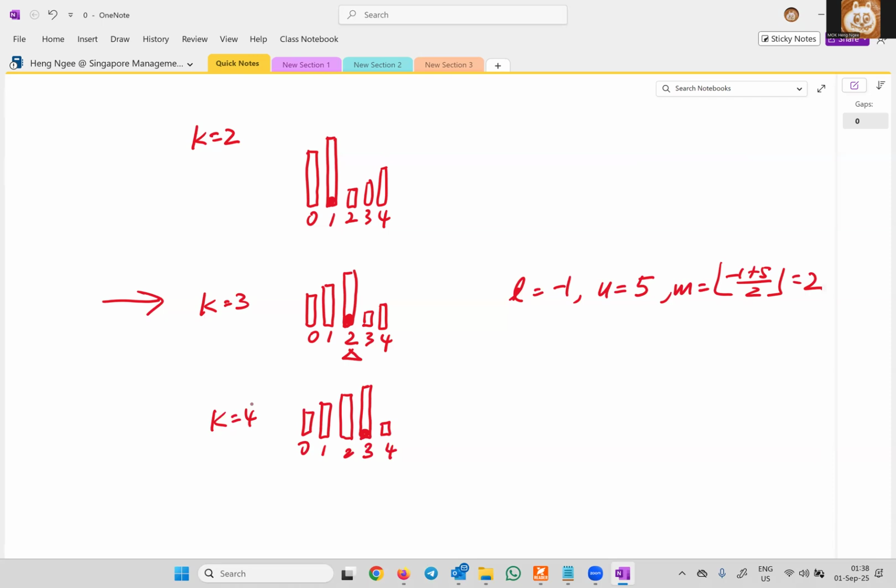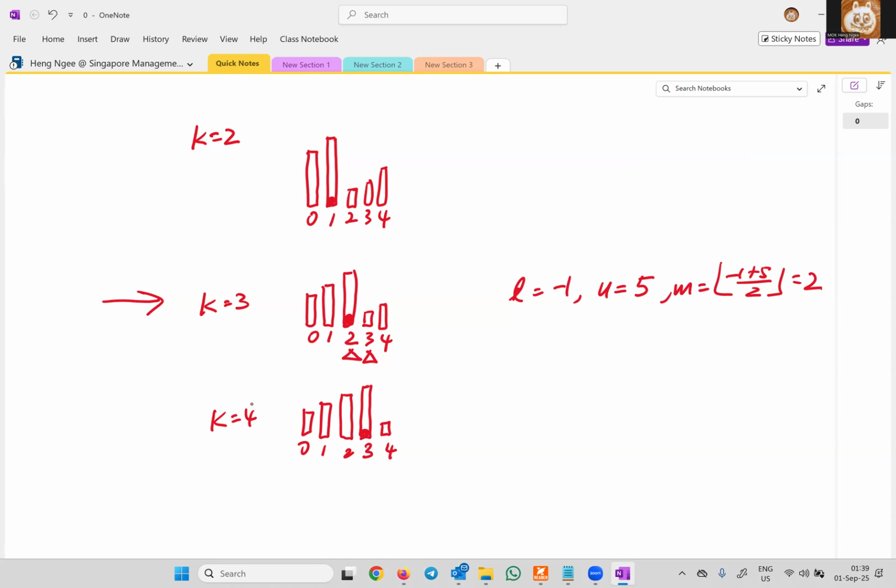If the current element at the midpoint is bigger than the element at position mid plus 1, you can stop there. You can conclude that the midpoint is the peak, and you return the index of the midpoint's value, and you end the story.